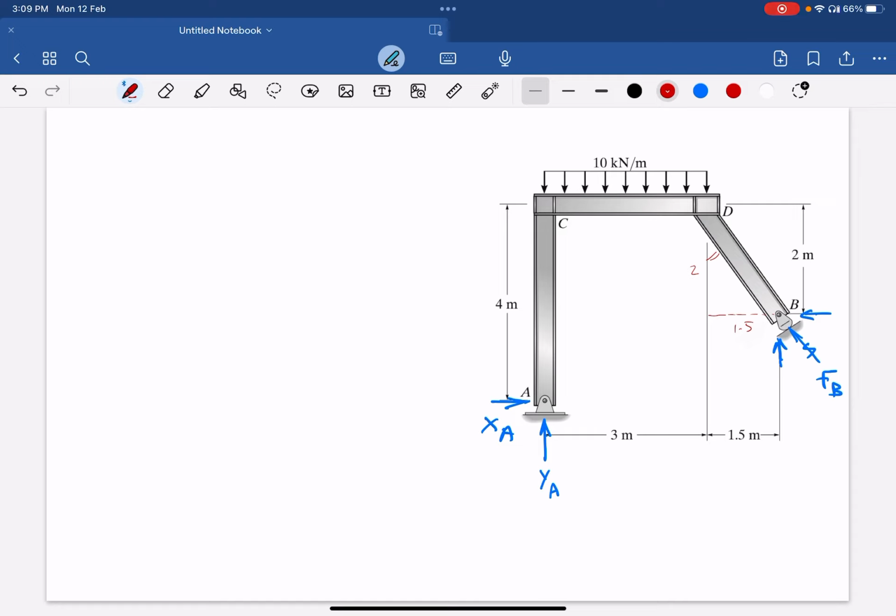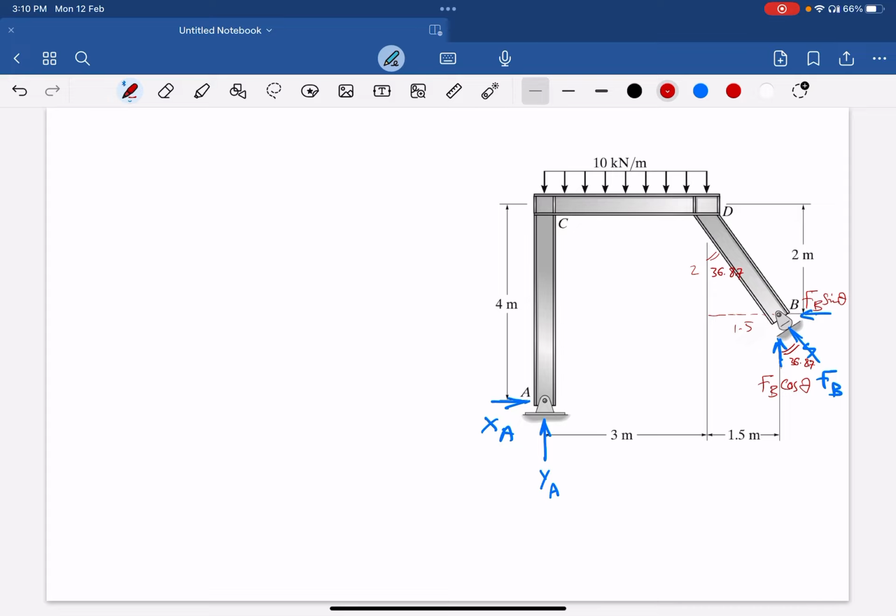It is 36.87, and this will be exactly the same angle, 36.87.